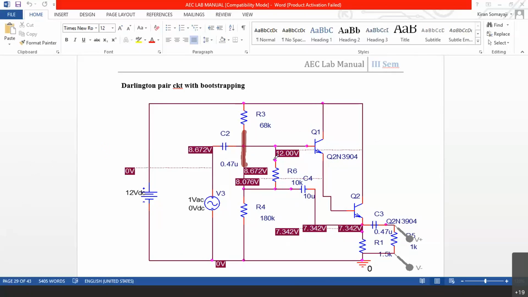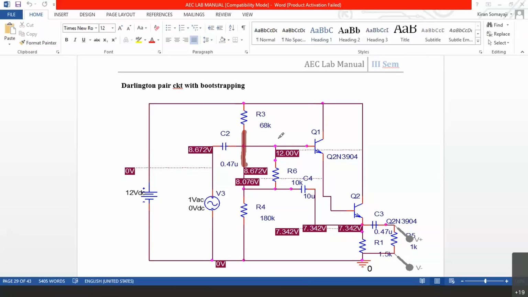I'll tell you what this circuit is later on. Now, this R3 is connected to the R4 junction, and R4 is 180K. Here you will have one more resistance, 10K, from which the base current is coming. That means the base current to Q1 is coming through 68K and 10K.